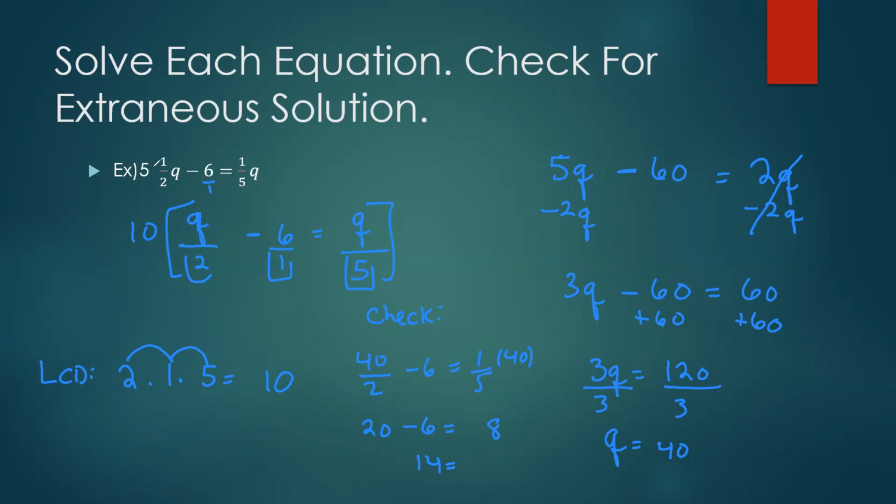Five minus 2 is 3q. Oh, my mistake is right here. This should be 0. So this is the mistake I made. Oops.